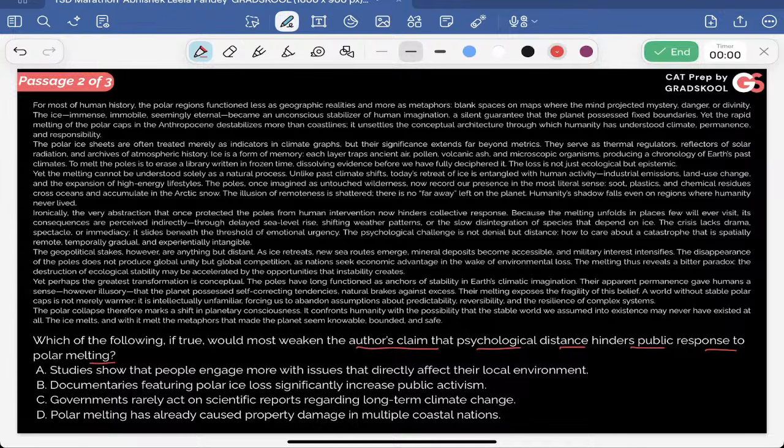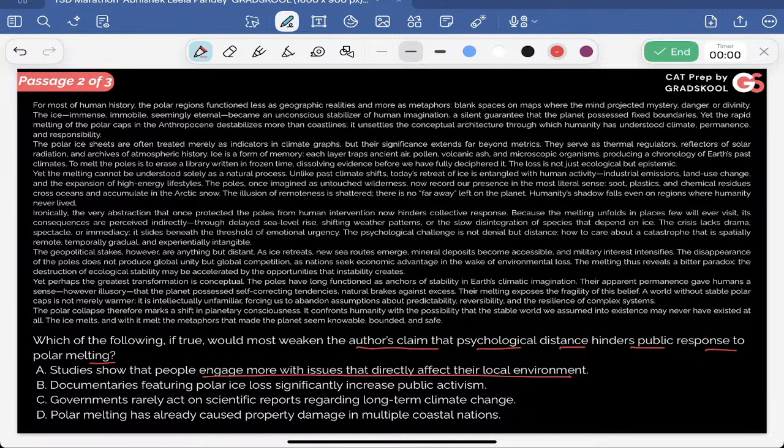Okay, Shoaib, why do you think so? See, the first one says studies show that people engage more with issues that directly affect their local environment.